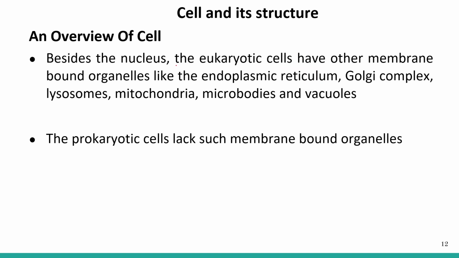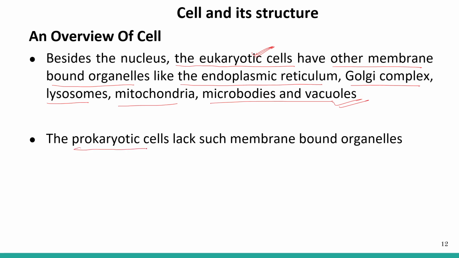Besides the nucleus, the eukaryotic cell has other membrane-bound organelles like the endoplasmic reticulum, Golgi complex, lysosomes, mitochondria, microbodies and vacuoles. These are all membrane-bound organelles and they are present in the eukaryotic cell. These organelles are not present in the case of the prokaryotic cell.